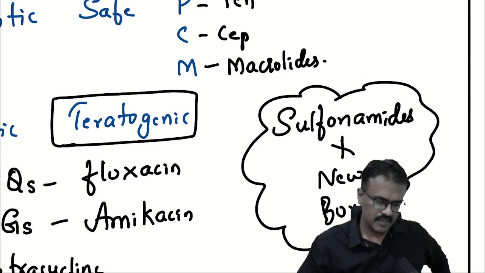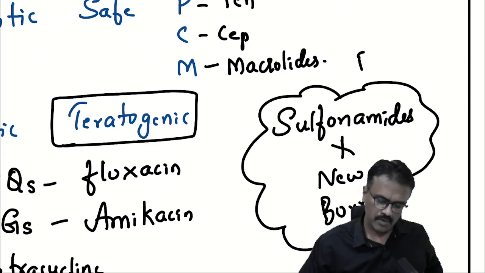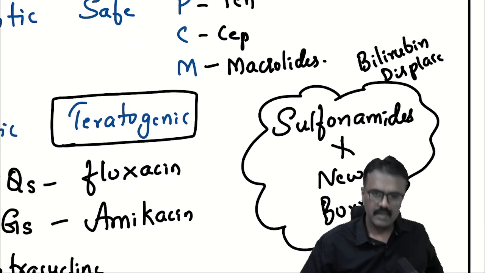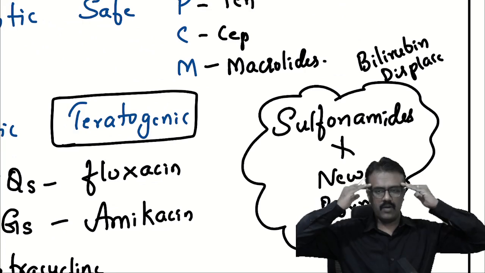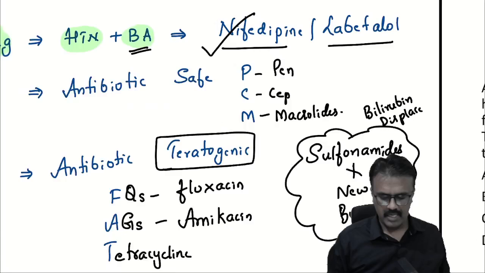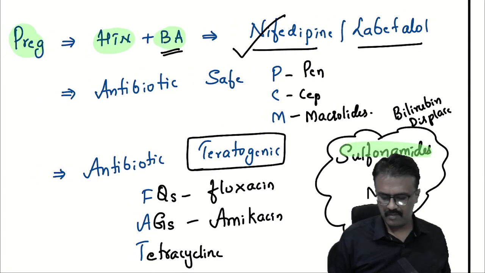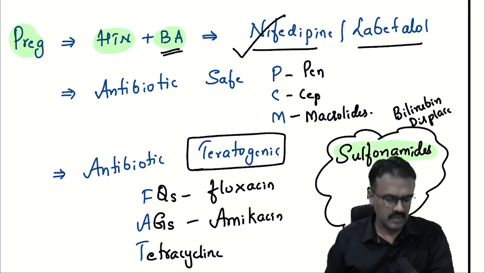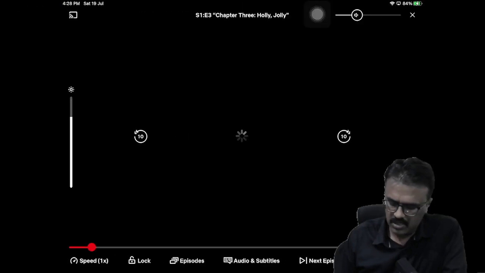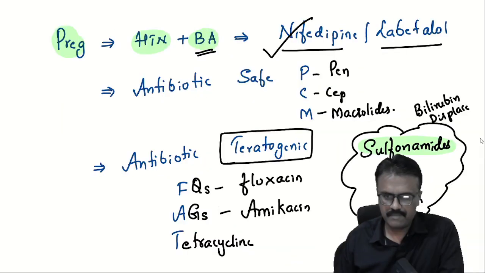Because sulfonamides can cause bilirubin displacement. So what will happen if you displace bilirubin? The level of bilirubin goes up, it crosses the blood-brain barrier, and the baby may develop kernicterus. It's not teratogenic, but it can cause jaundice or kernicterus. I think most of you didn't answer this, so just look into these things.